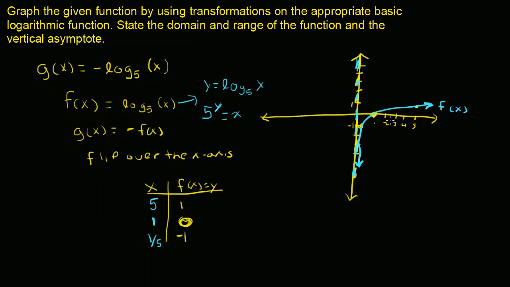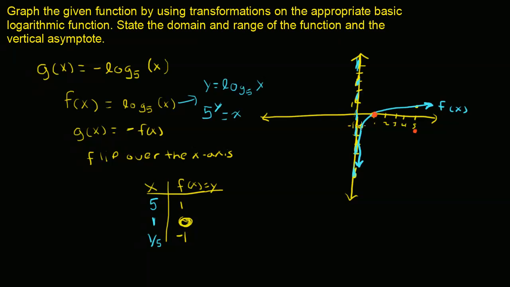That's my only transformation. So this point used to be y is +1. Now it's going to be y is -1, same value 5 for x. This point doesn't change because y is 0; y is going to continue being 0.